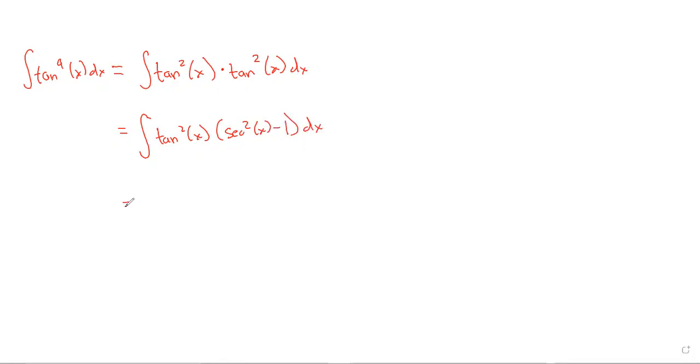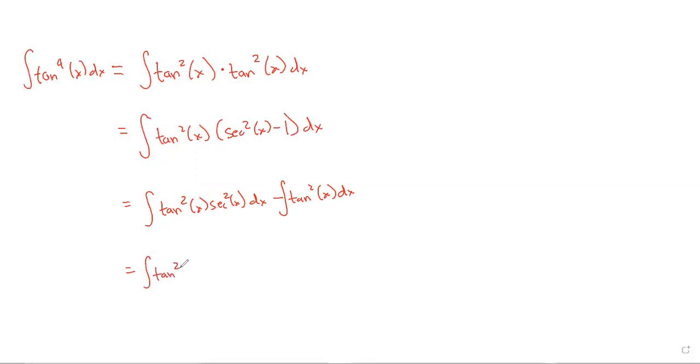I'm going to distribute. So here I have tangent squared x secant squared x dx minus tangent squared x dx. I'll put the integral in here. And now we can, again, split up the tangent squared by the Pythagorean identity.